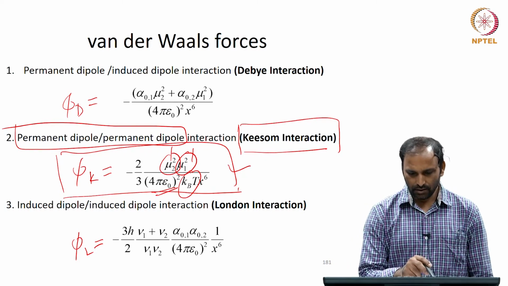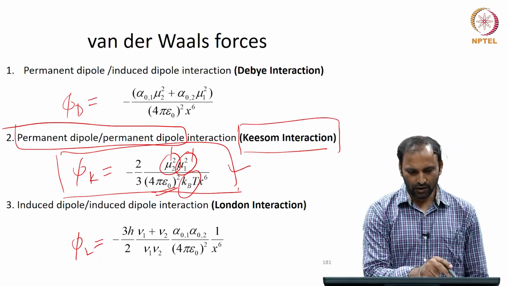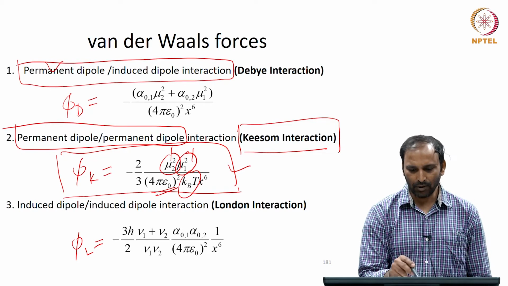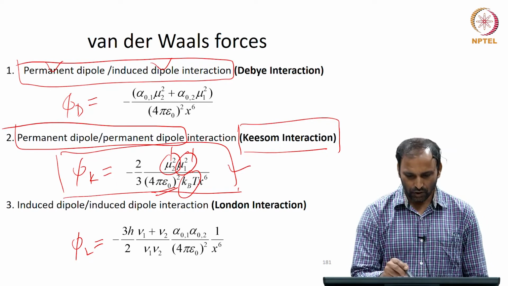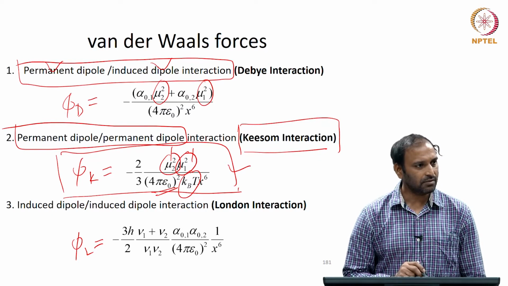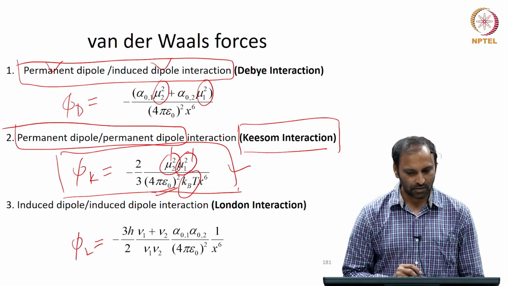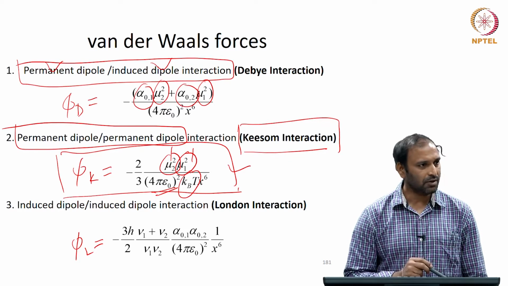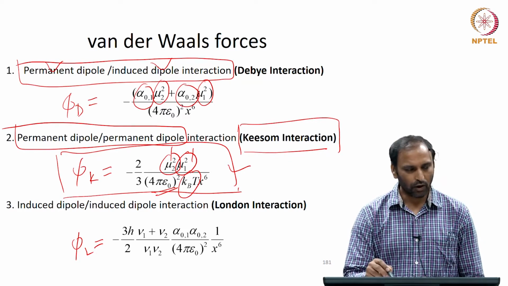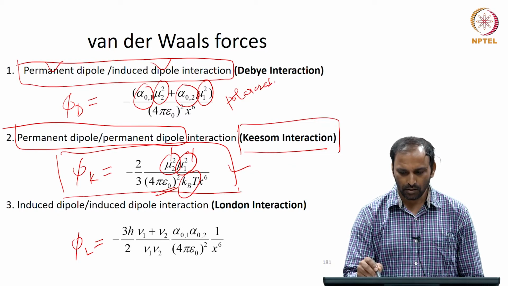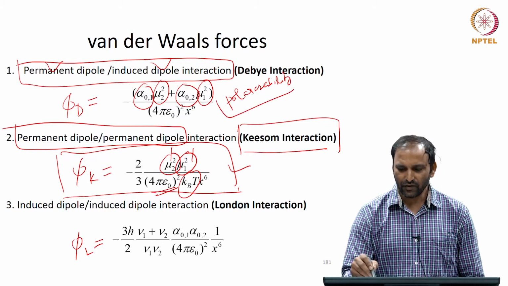And if you look at the Debye interactions, which are the interaction between the permanent dipole and the induced dipole, you have these dipole moments. Then alpha 01 and alpha 02 are what are called polarizability.